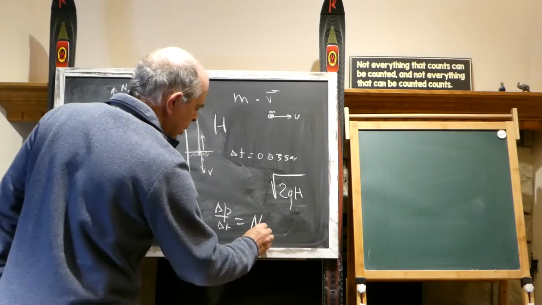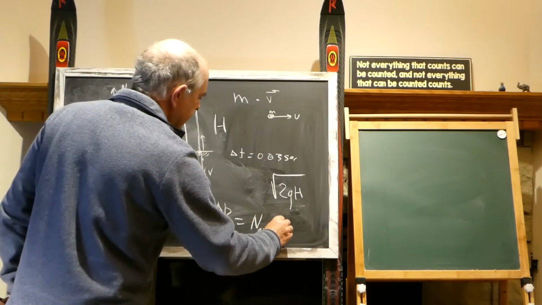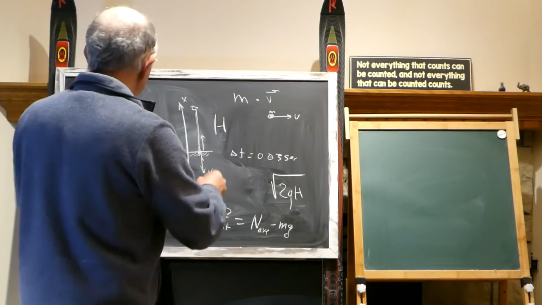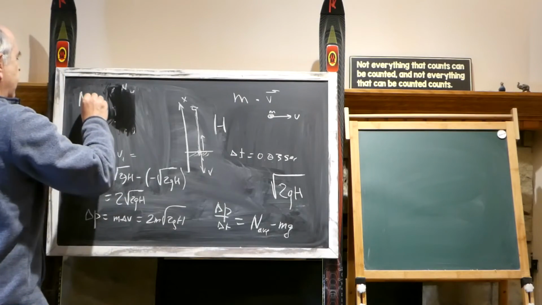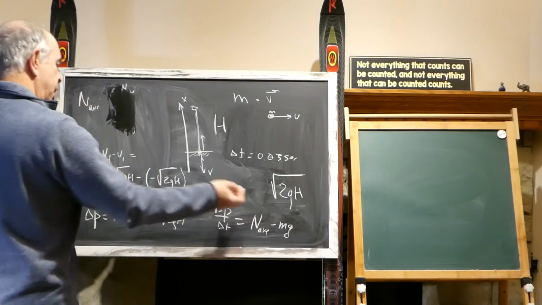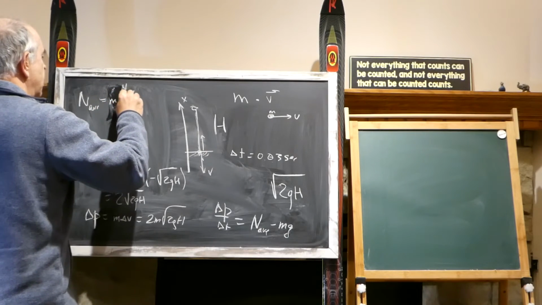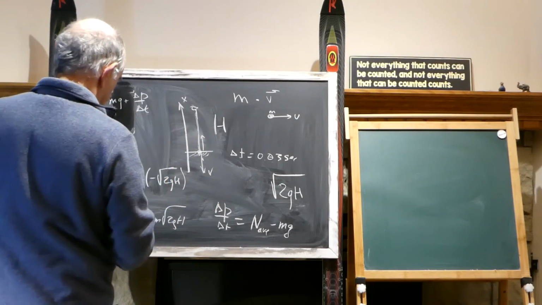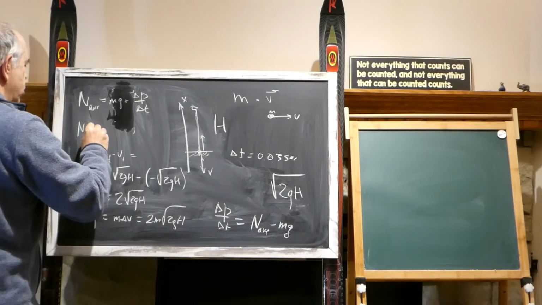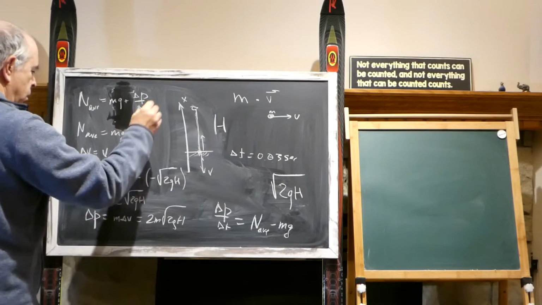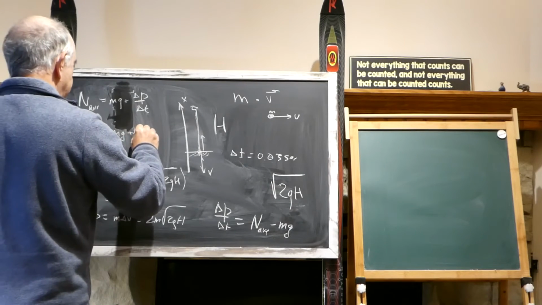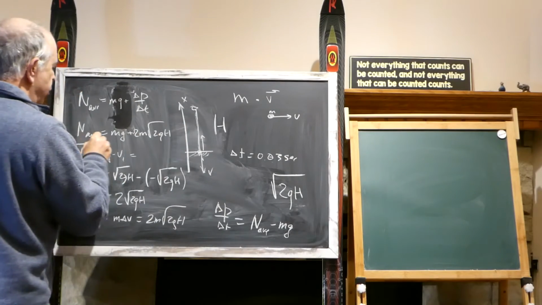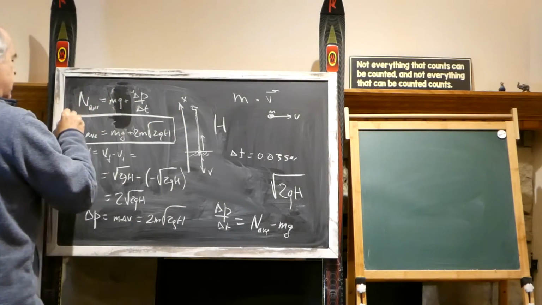Let's put N average minus mg, and of course if we move it around, we isolate N average, mg goes here, equal mg plus delta p over delta t. And so delta p over t is this, so we know N average equals mg plus 2m square root of 2gh over delta t. And this is the formula that they want us to receive here.